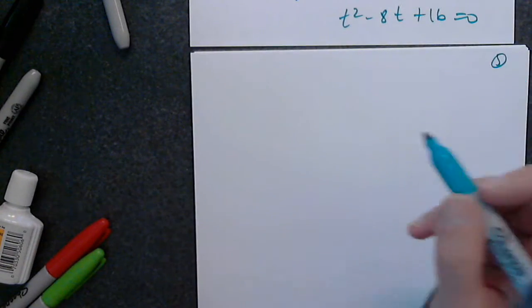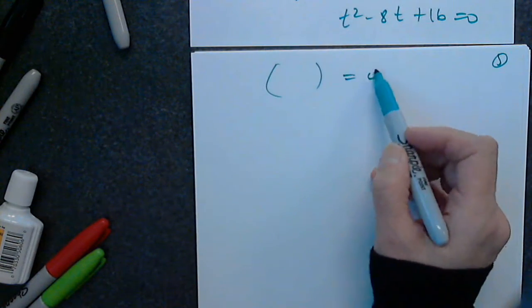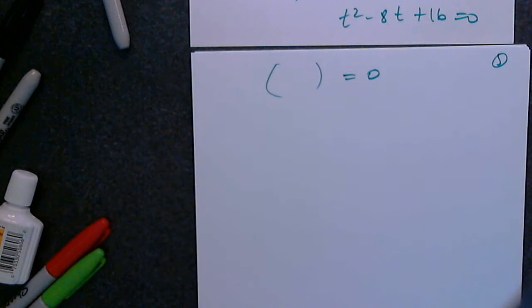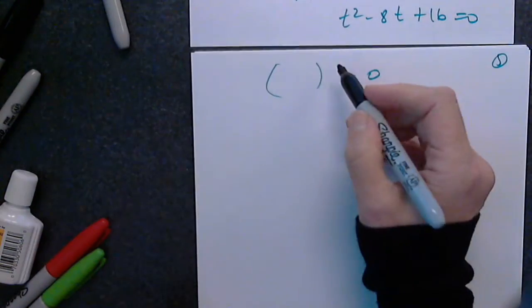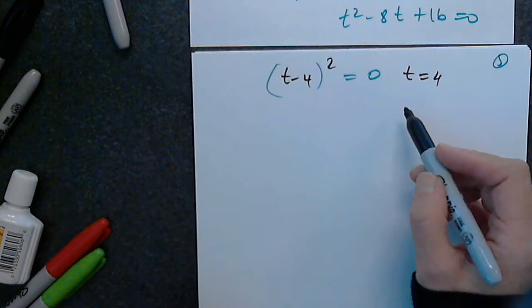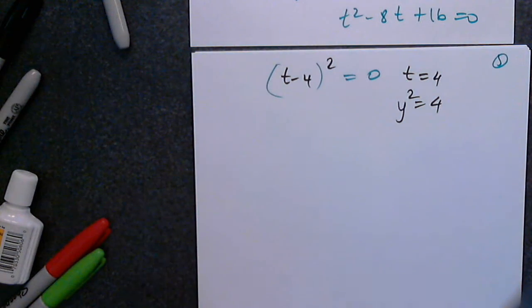Okay, so then how do I factor this? Say it again. 8 and 2. 4 and 4 indeed. That's why I only wrote one product. So this is t minus 4, so t equals 4. But this really means that y squared equals 4.